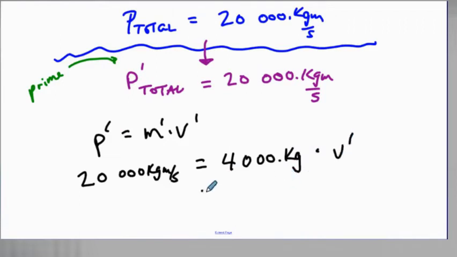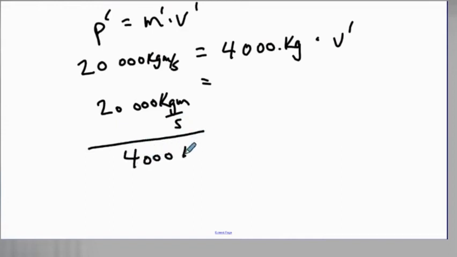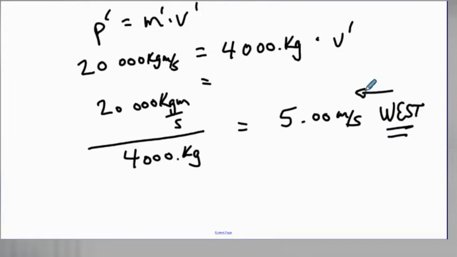I don't know the new velocity, but I can take my 20,000 kilogram meters per second and divide that by the total mass of 4,000 kilograms, and I get a new velocity of 5 meters per second west.